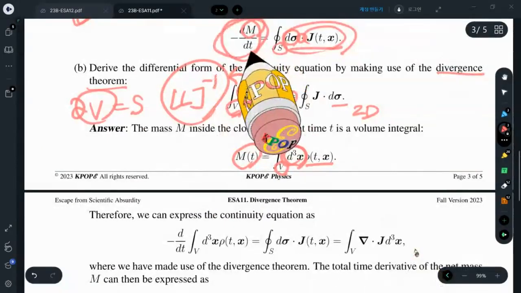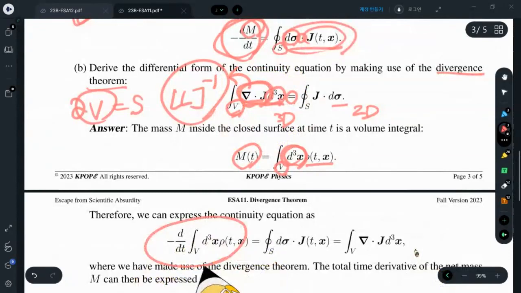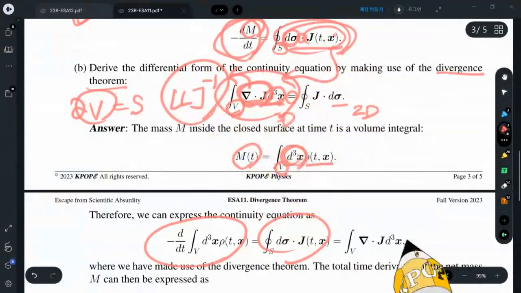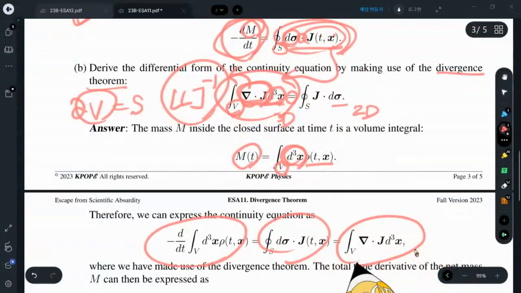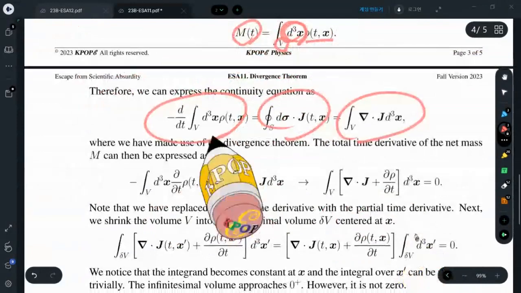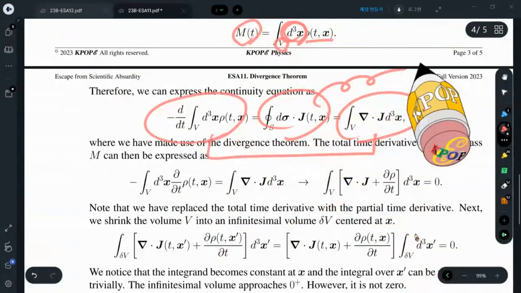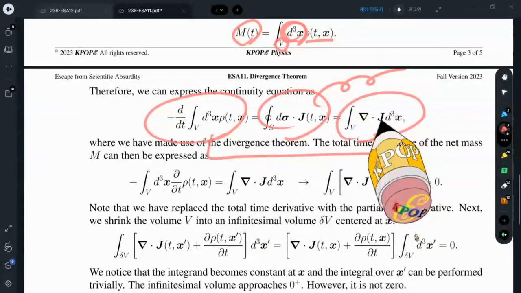Therefore, the left-hand side becomes this, and the right-hand side has been transformed into a volume integral using the divergence theorem. So compare this. So we don't need this one anymore. Compare these two.